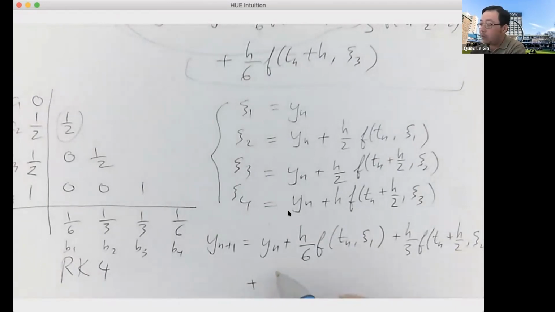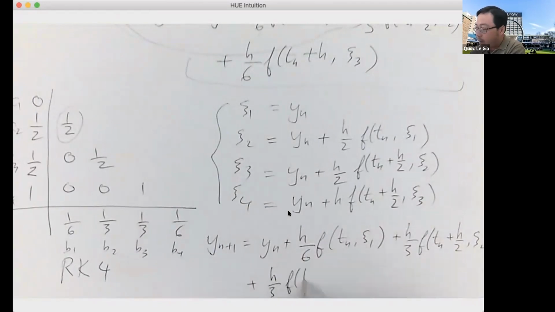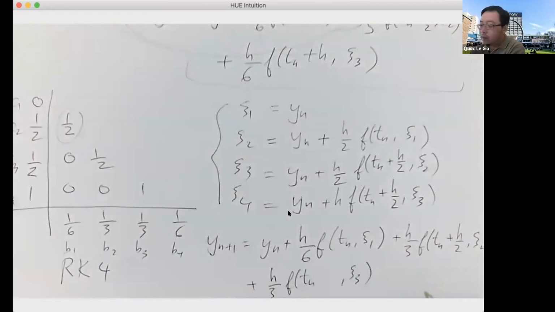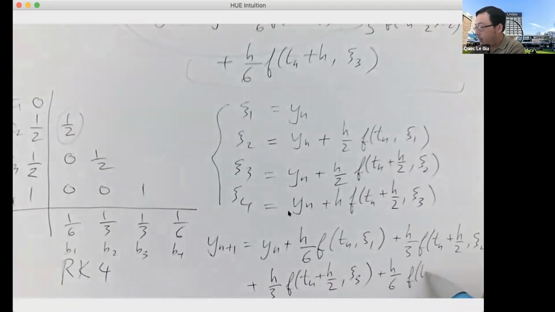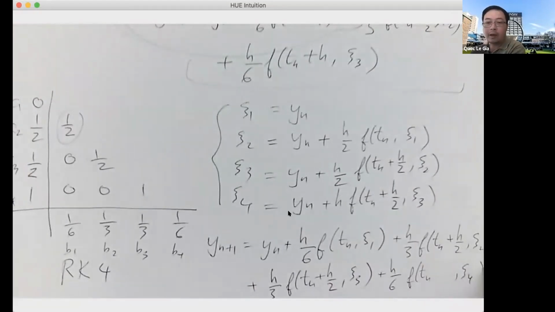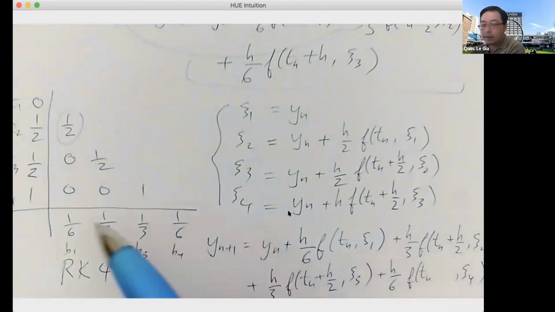xi3. So B3 is 1/3. So you get h over 3 f Tn xi3. And remember, C3 is 1/2, so you have to put h over 2 here. And the last term will be h over 6 f of Tn xi4. And remember the last C is 1, so you have to add h here.